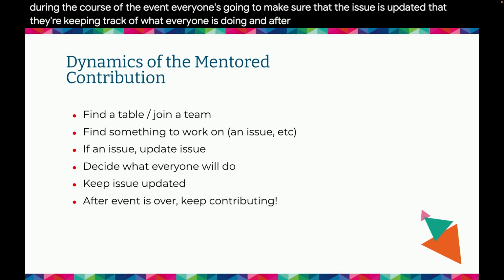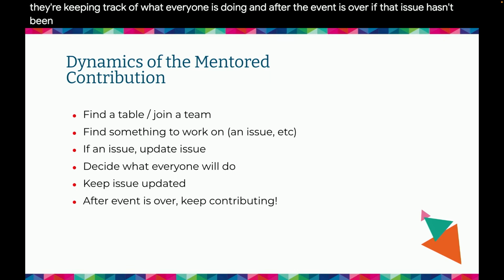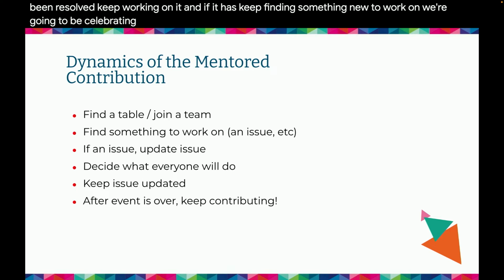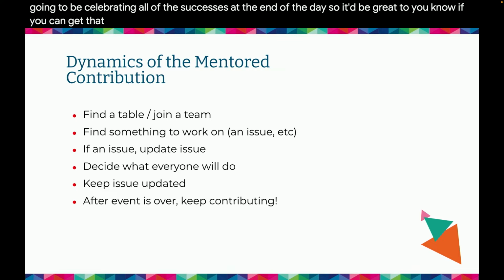And after the event is over, if that issue hasn't been resolved, keep working on it. And if it has, keep finding something new to work on. We're going to be celebrating all of the successes at the end of the day, so it'd be great if you can get that issue sorted out and it's part of the list of successes for the day. It's very exciting.